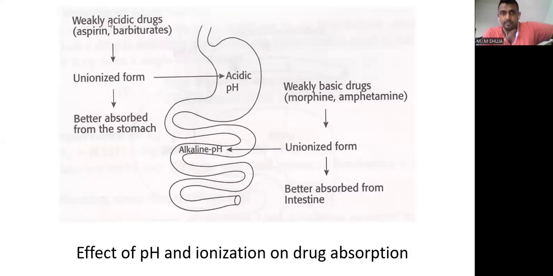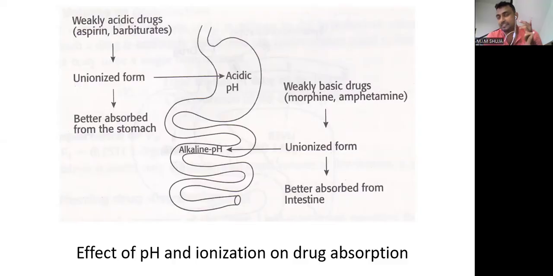Weak acid. Imagine the gastric acid and the early part of the duodenum, they have acidic pH. So weak acid drugs in the acidic pH are in unionized form. Unionized means not water soluble. They are lipid soluble, so they can be better absorbed from the early part of the duodenum and the late part of the stomach.